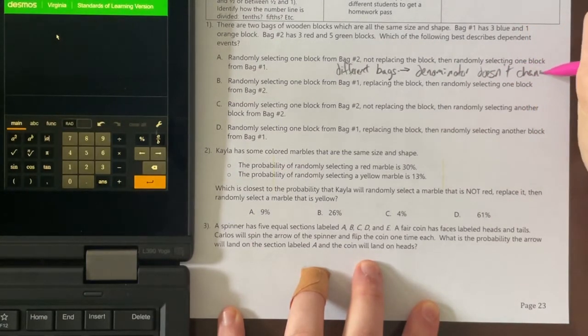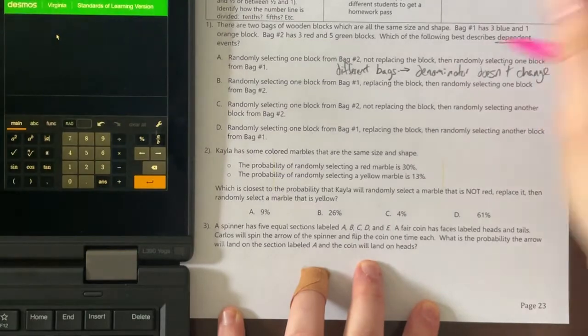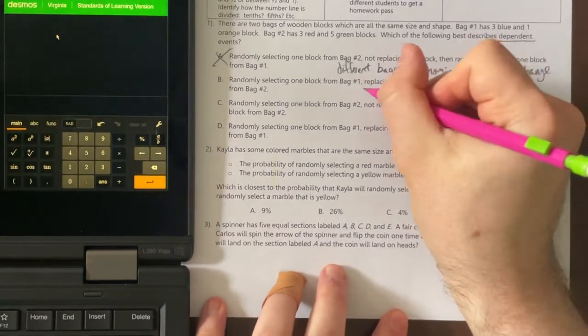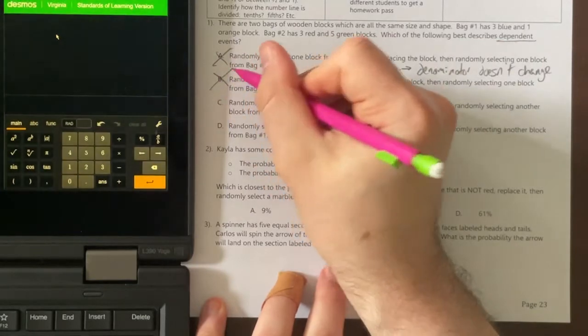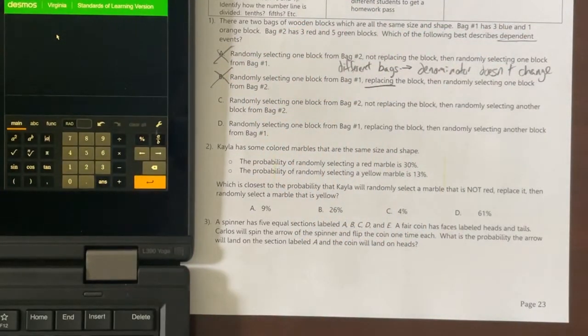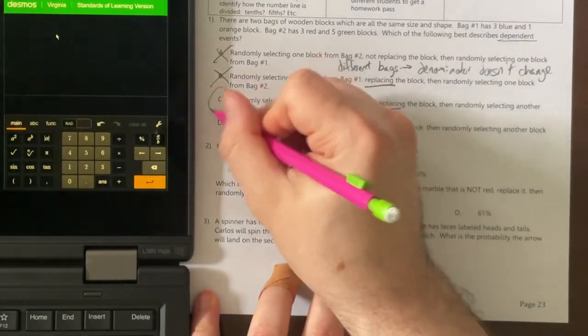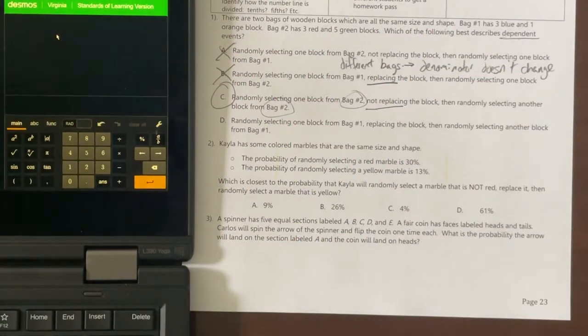And we're looking for a dependent event, so it can't be that one. For B, it says selecting 1 block in bag 1 and then replacing it. Right away, I know that can't be what I need. How about C, randomly selecting 1 block in bag 2, not replacing it, and then selecting another? Not replacing in the same bag is going to be a dependent event.